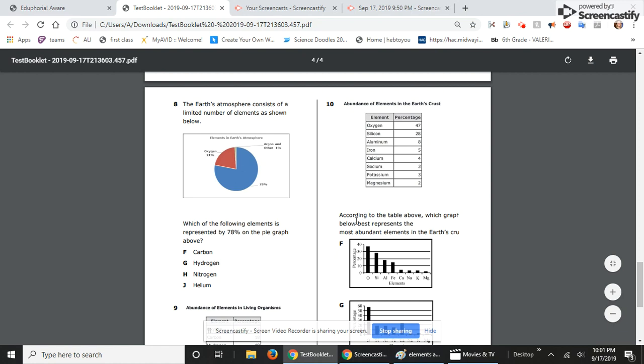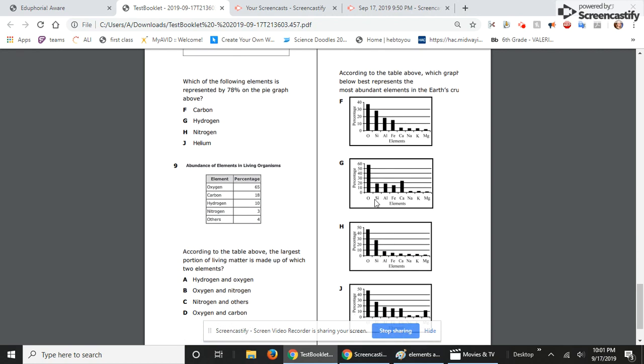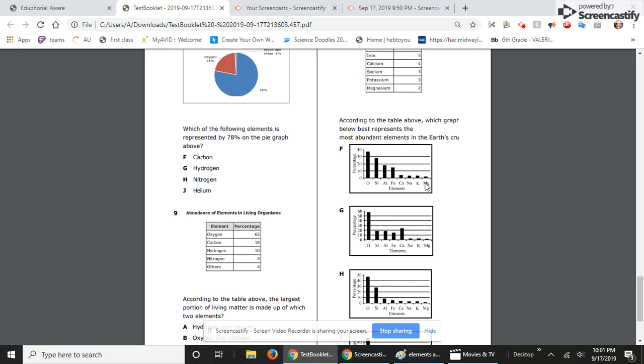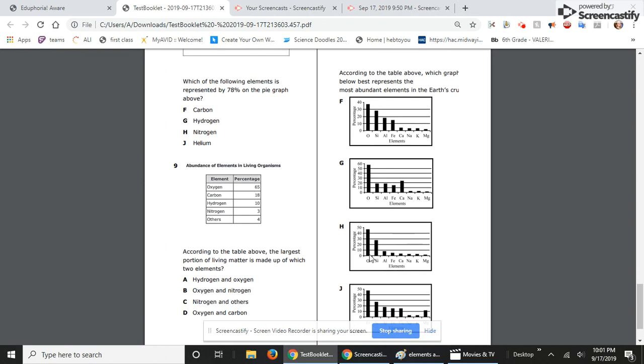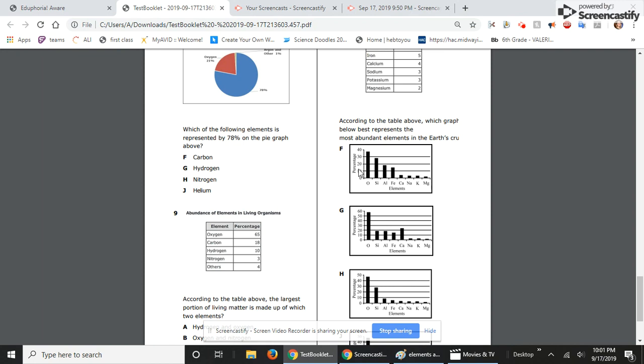And the question says, according to the table above, which graph below represents the most abundant elements in Earth's crust? So each graph on F, G, H, and J has the elements going across here that were listed above. And then going here is where you see your percentages.